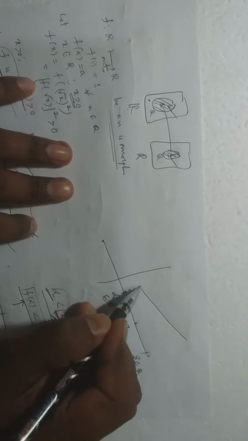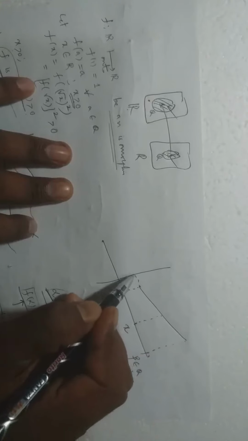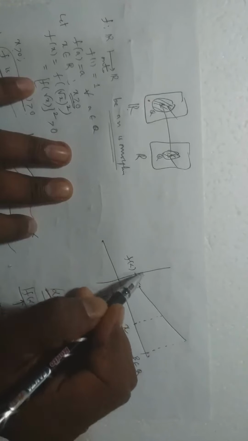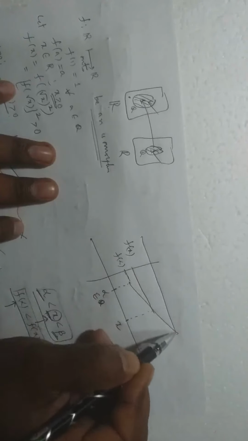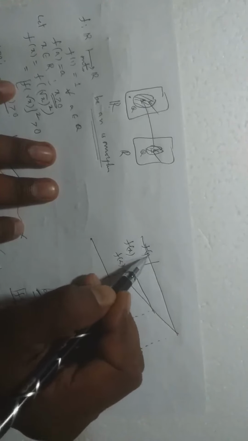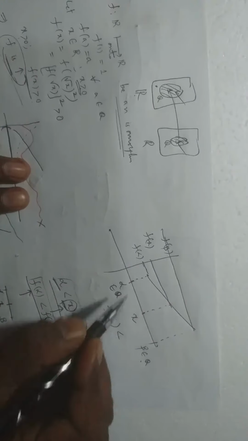Here is f of alpha, this is f of x, and this is f of beta. So definitely f of alpha is less than f of x, and it is less than f of beta.